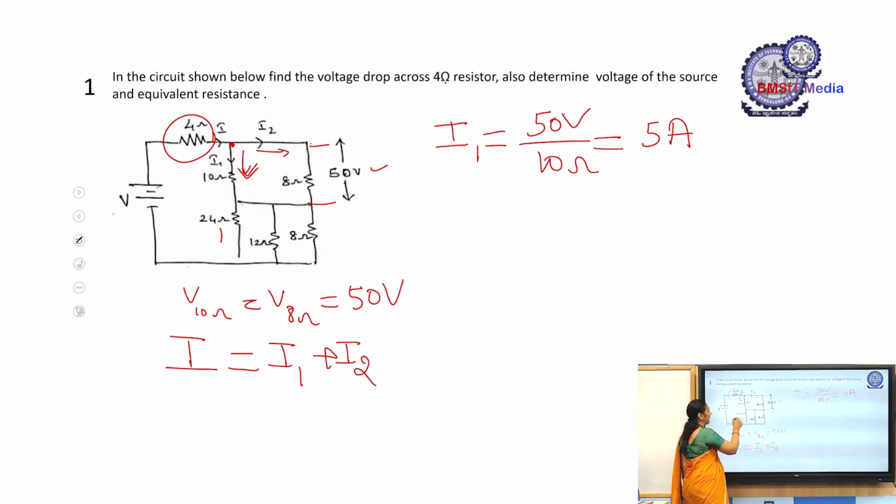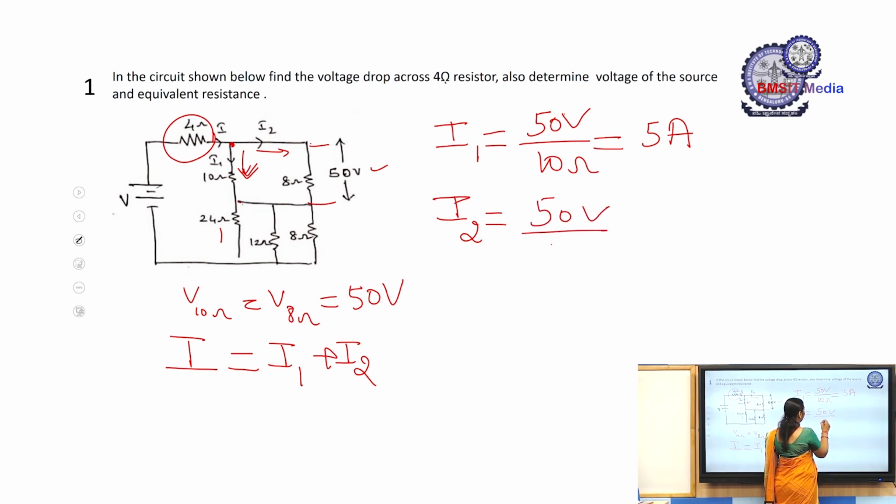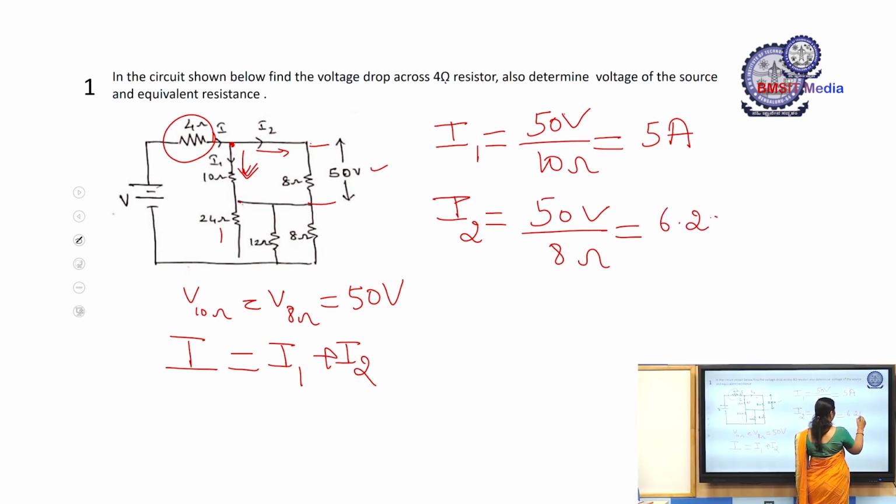Similarly, I2 equals 50 volts by 8 ohms, which is approximately 6.25 amps.